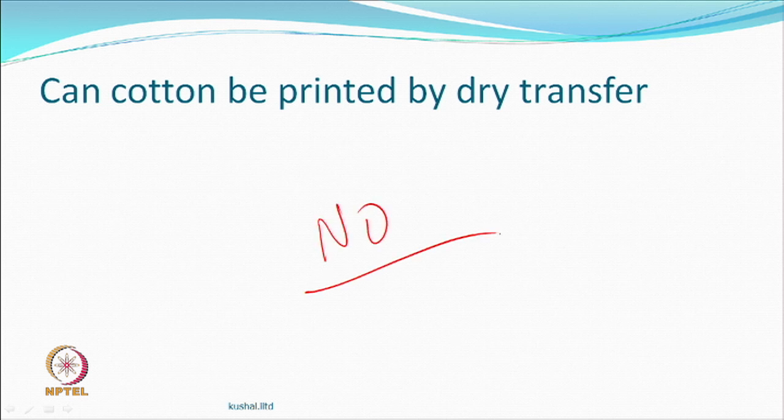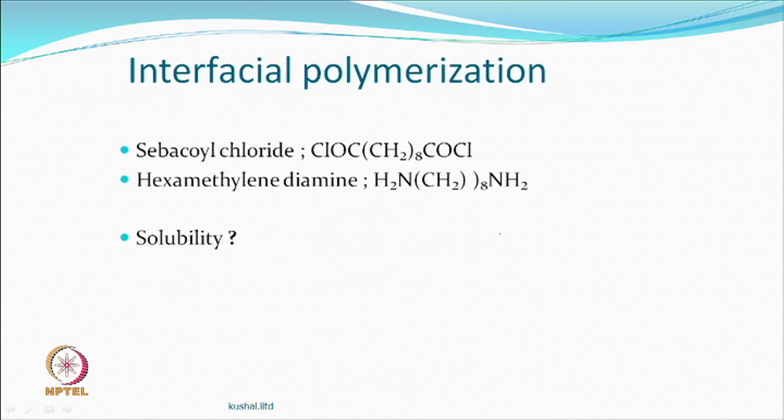unless you do something. Have you heard of interfacial polymerization? Interfacial polymerization is the polymerization which takes place at the interface, and if you have highly reactive compounds, monomers, in this case for example, sebacoyl chloride, which has got C10 and it is a chloride, not an acid.